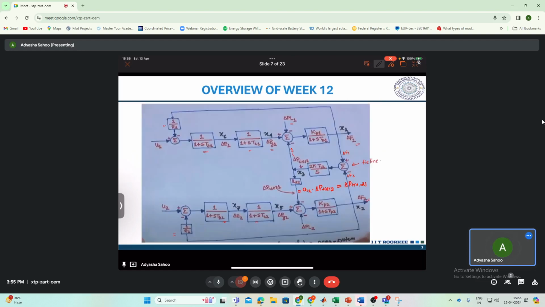So basically in this diagram, this is your delta F1, right? Above delta F1 again you will have B1, and before this I'll have an integral controller minus K1 by S, and this is your P tie12.